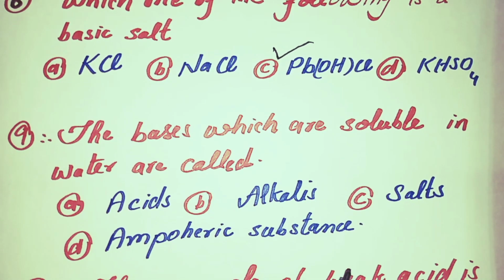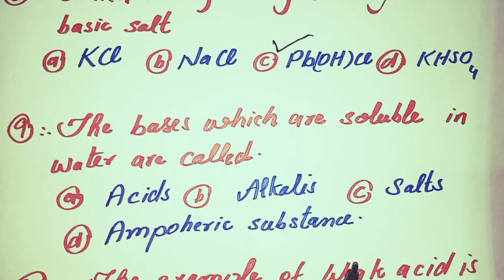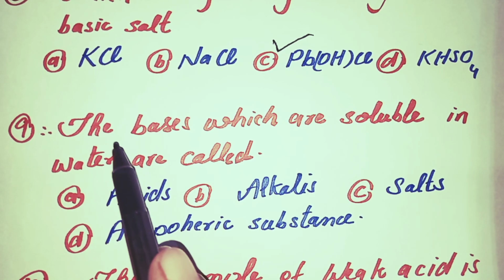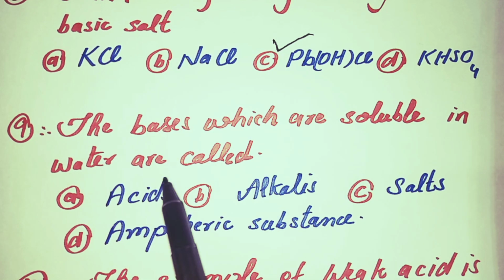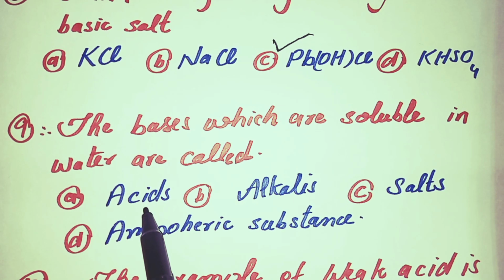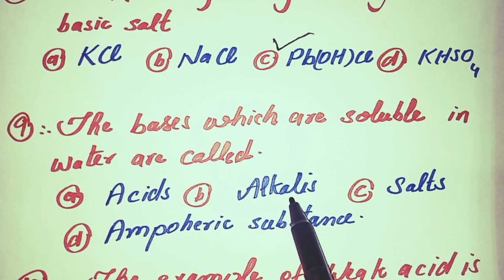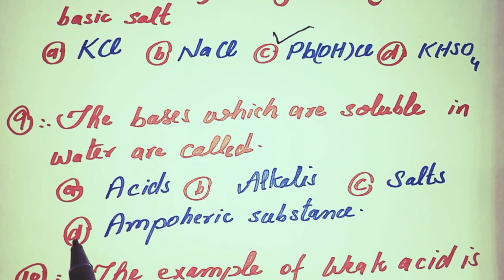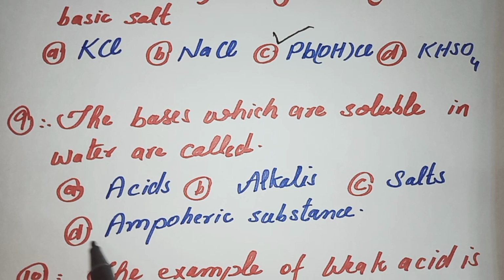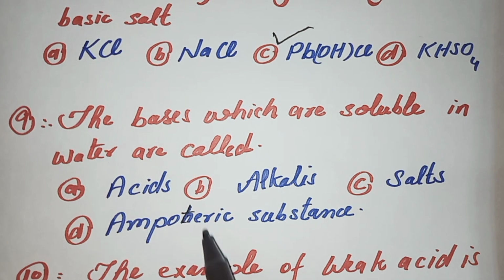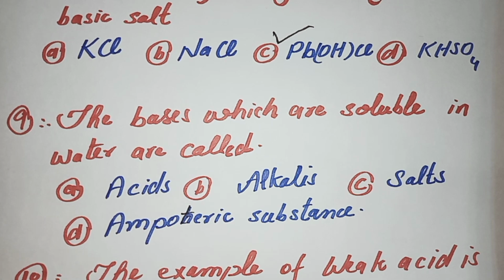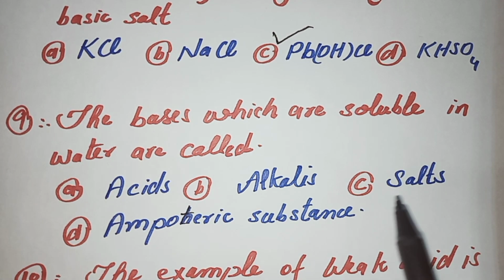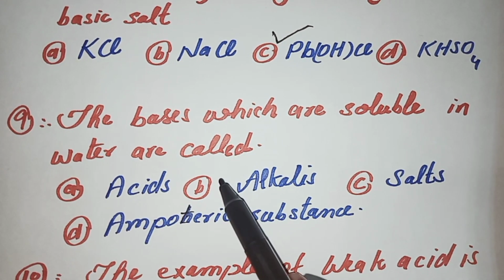Next question. Question number 9. The bases which are soluble in water are called. Option A, acid. Option B, alkalis. Option C, salt, and option D is amphoteric substance. So the bases which are soluble in water are called alkalis.